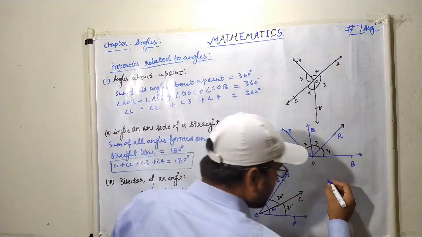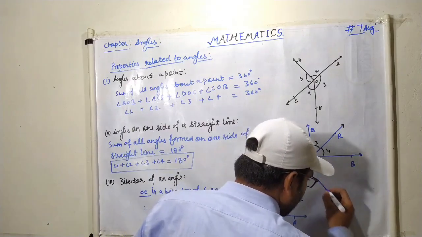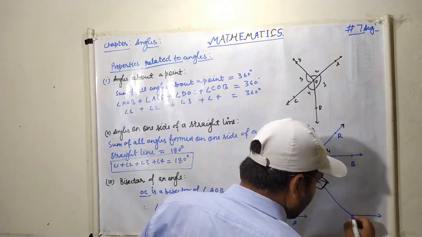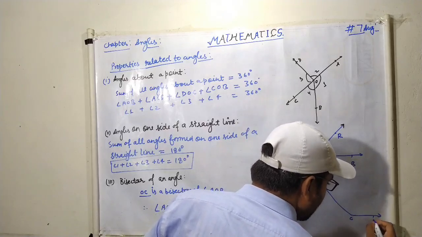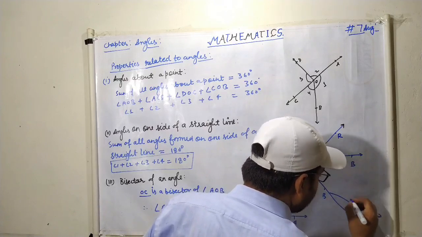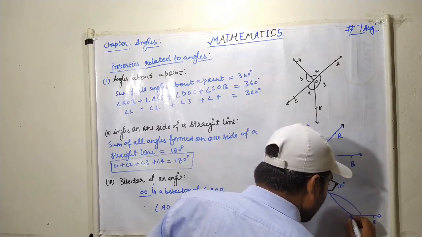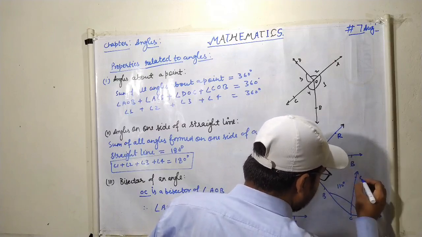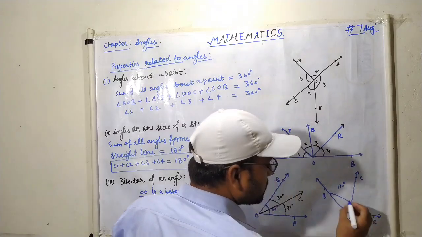Suppose it is an obtuse angle, say 110 degrees, angle AOB is 110, and OC is any ray which divides this angle into two equal parts.